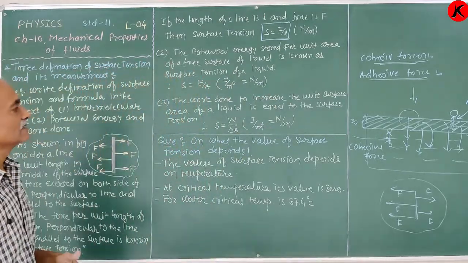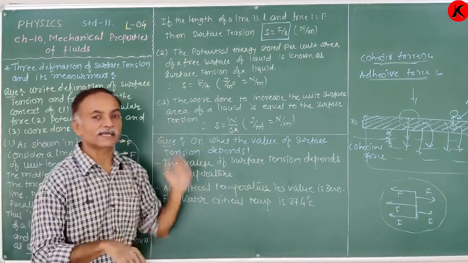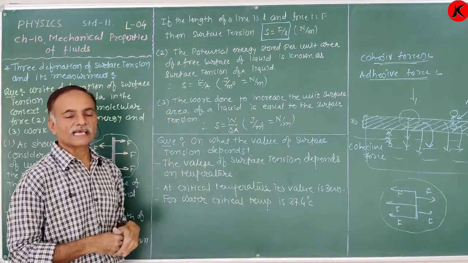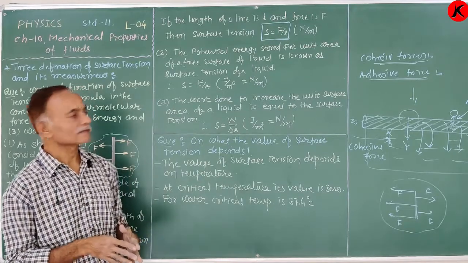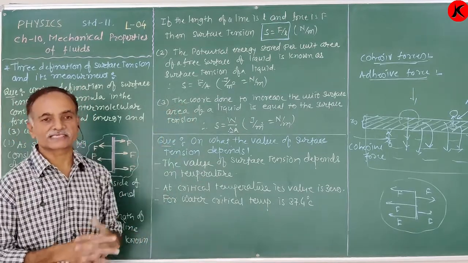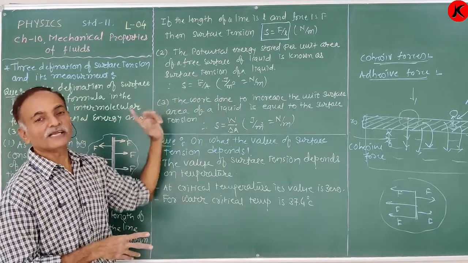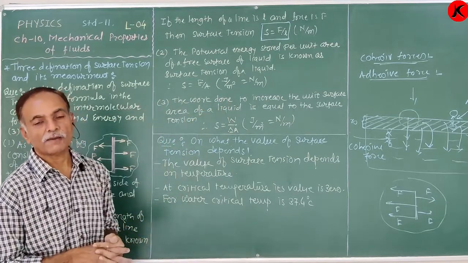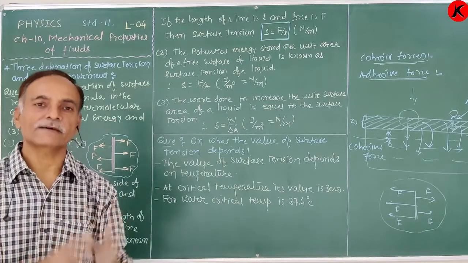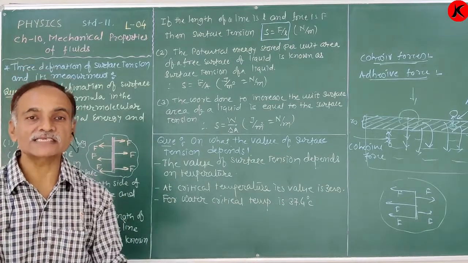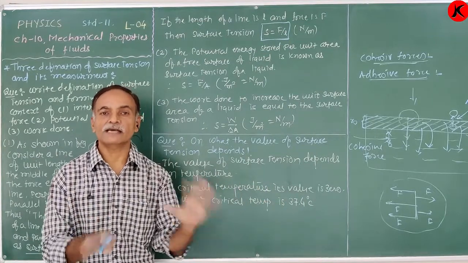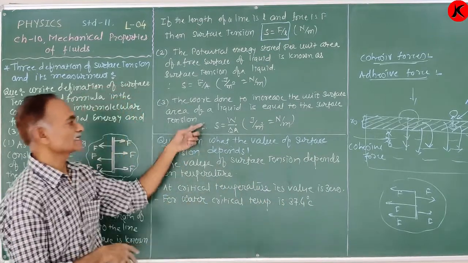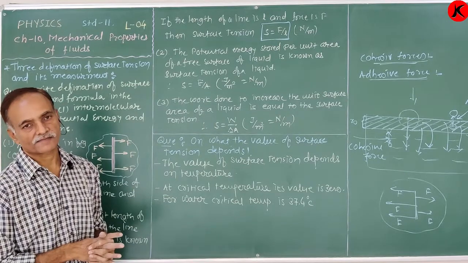And the third we also discussed in an earlier experiment. In the case of a thin film of soap solution, the work done to increase the unit surface area of a liquid is known as the surface tension. How much work is done to expand the surface by unit area is known as the surface tension.